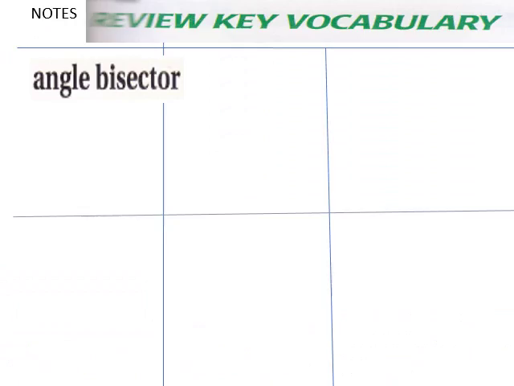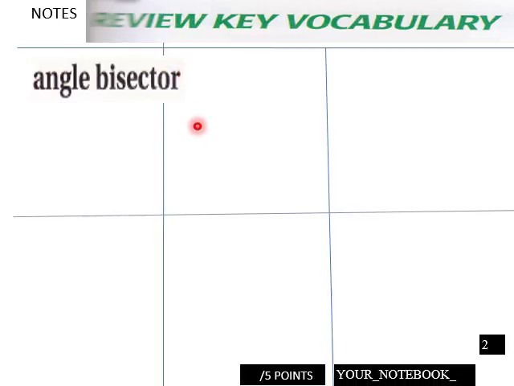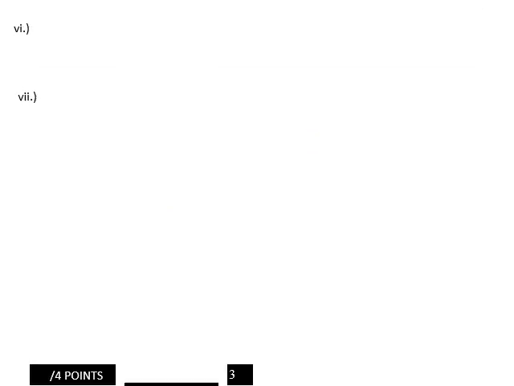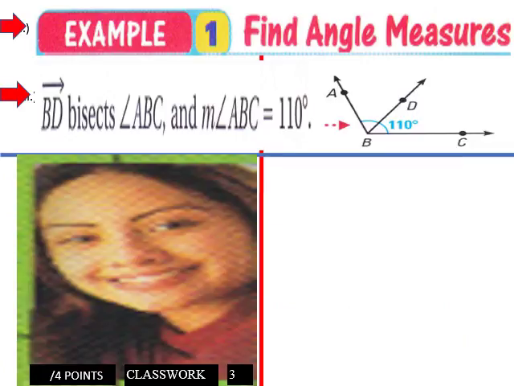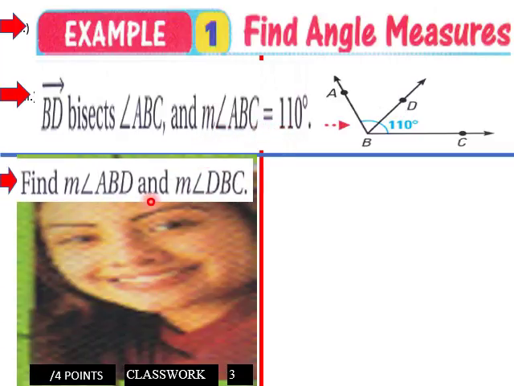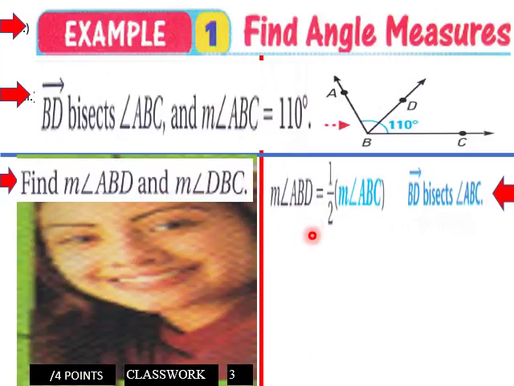Okay? Students, in your own words, define angle bisector. And example 1, find the angle measures here. So BD bisects ABC and measure ABC is 110. Find the measure of ABD and the measure of DBC. So what do we have here? Measure ABD is 1/2 of measure ABC.